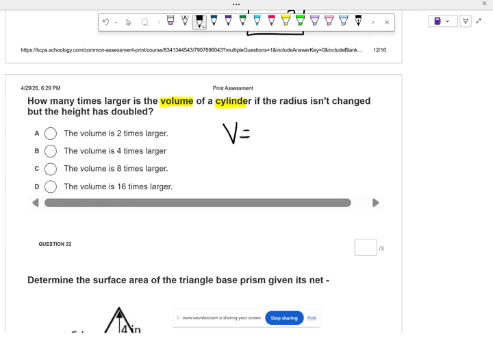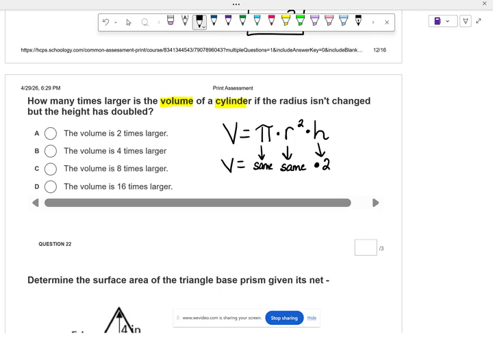Volume of a cylinder is equal to pi times r squared times h. The radius stays the same. Pi can't change. It's just 3.14159. So the height is doubled. That means it got multiplied by 2.